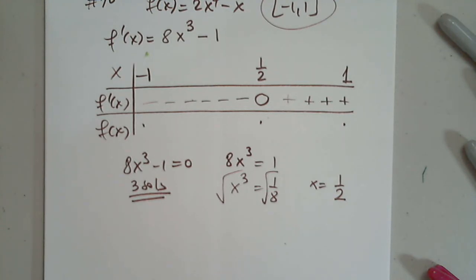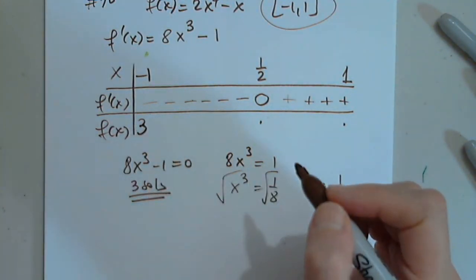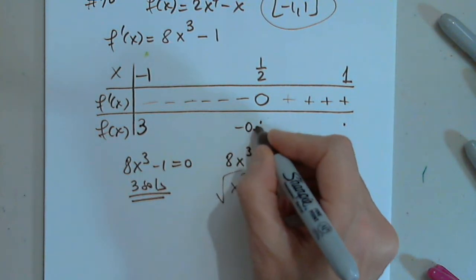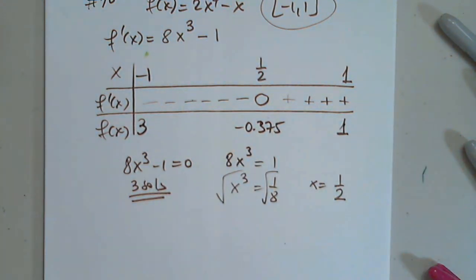Go to second and table. I will plug in negative 1, 1/2, which is 0.5, and 1. So for negative 1 is 3, for 1/2 is negative 0.375, and for 1 is 1.